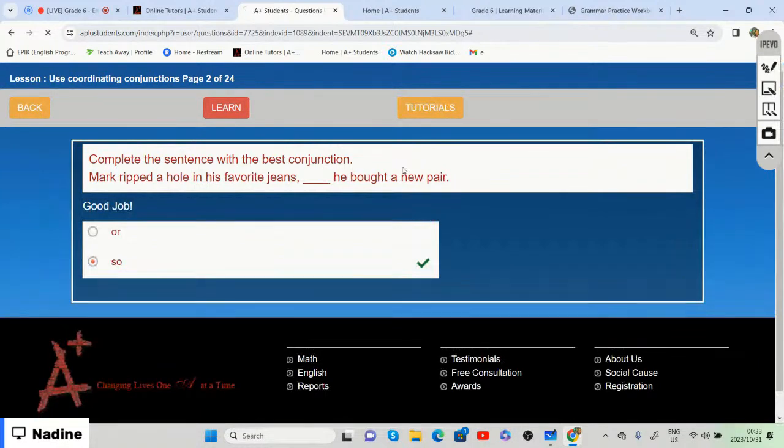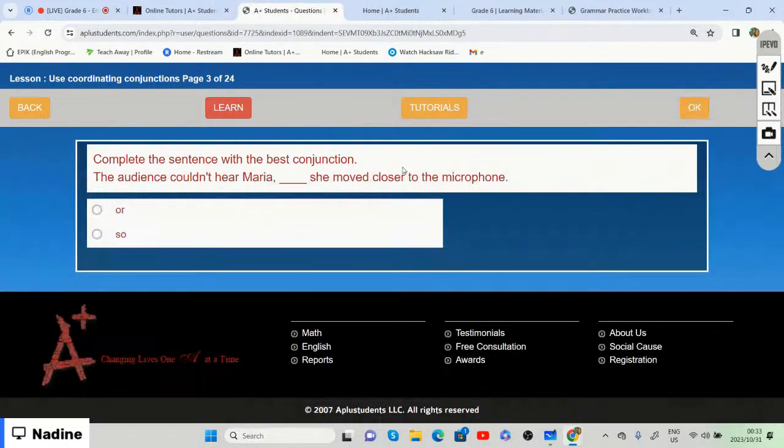All right. And then the audience couldn't hear Maria. Do we say or she moved closer to the microphone? Or do we say so she moved closer to the microphone?